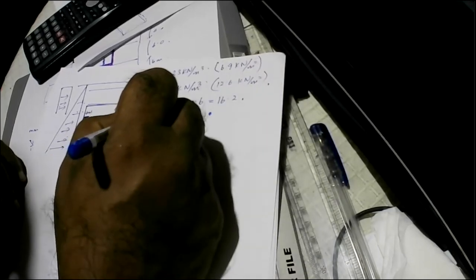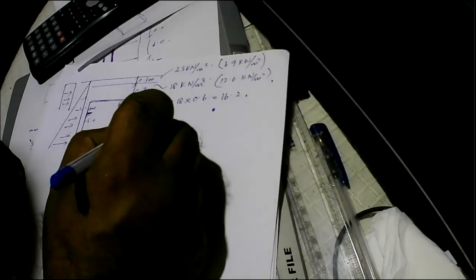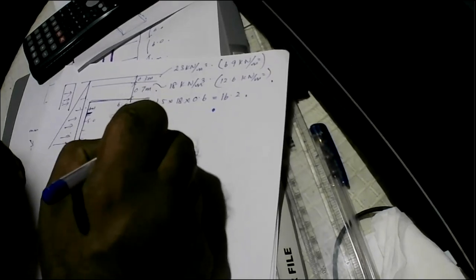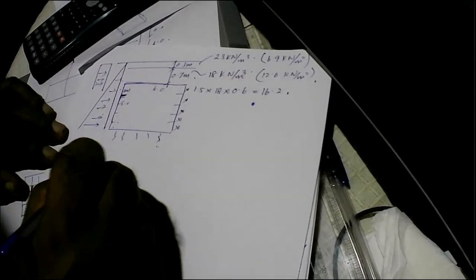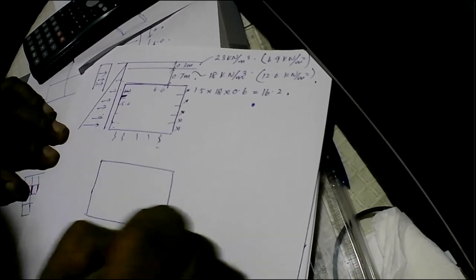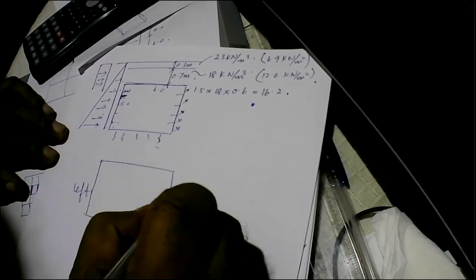And then 1 meter below I have gone for another value. Likewise, I have considered the soil pressure acting at the center, and I have applied that pressure on the element. So you get soil pressure acting from left and right.